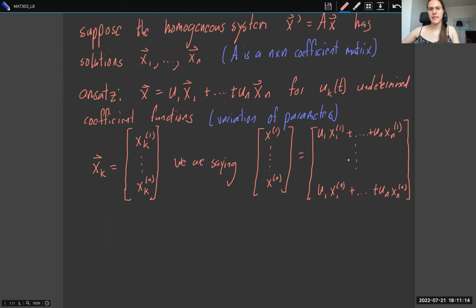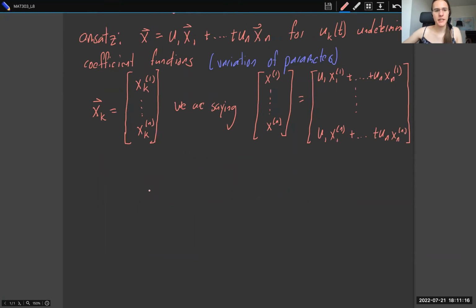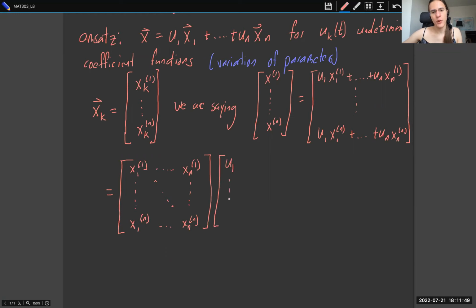However, we can rewrite this in terms of a matrix. This is equal to the matrix with rows x1 1 through to x1 n, through to xn 1 through to xnn, evaluated on the coefficients u1 through to un.